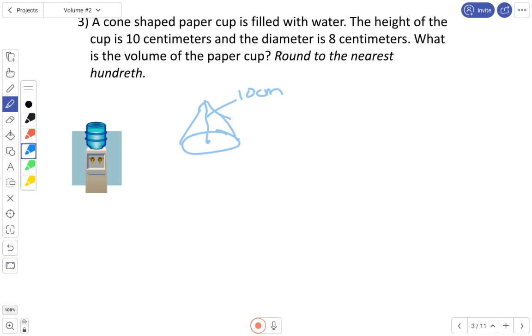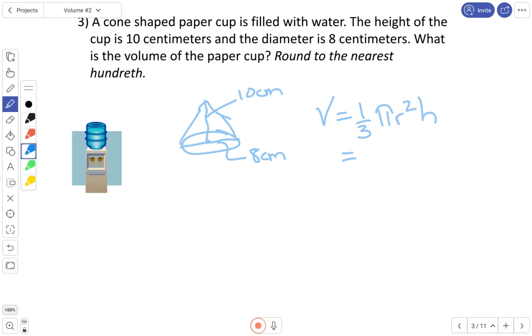So diameter, I know, goes all the way across the circle or the base. So 8 centimeters. What is the volume of the paper cup? All right, so I have a cone here. I remember that the formula for volume of a cone is V equals 1/3 pi r squared h.